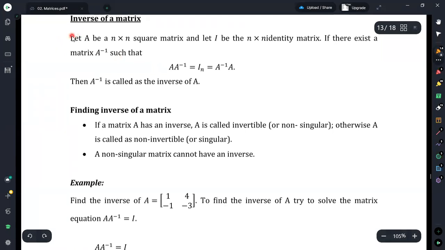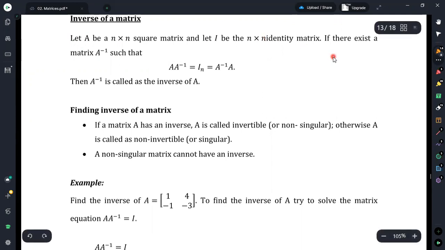Therefore, suppose that A is a matrix having n number of rows and n number of columns, and let I be an identity matrix having the order n. It is simply n by n, a matrix having the diagonal elements as 1 and all the other elements as 0.